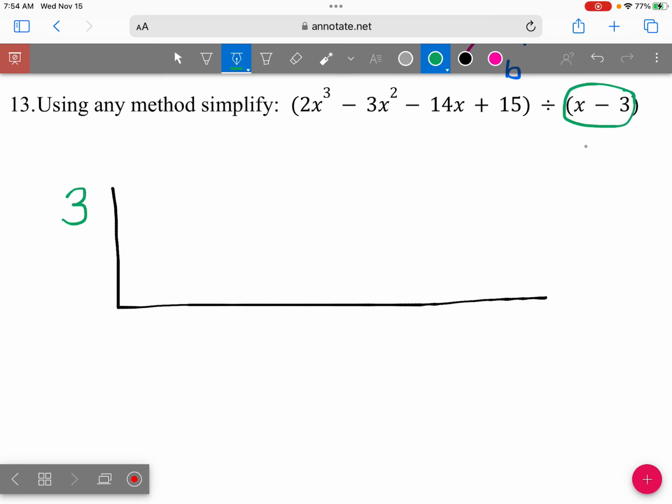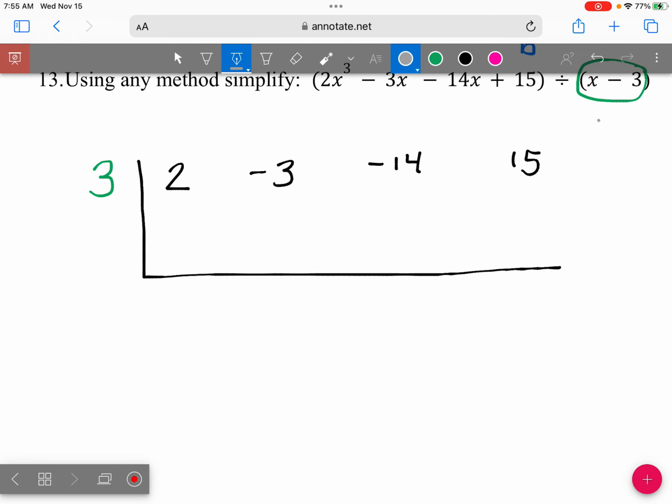So it's our first root. What are my numbers going across here? 2, -3, -14, 15. Good. So we've set it up beautifully.